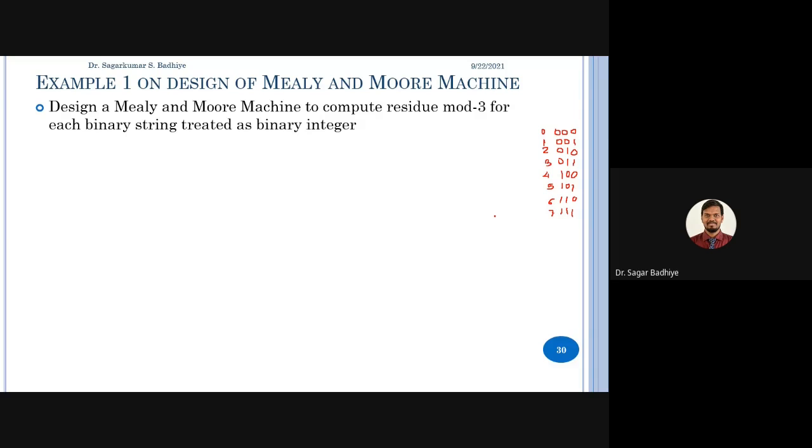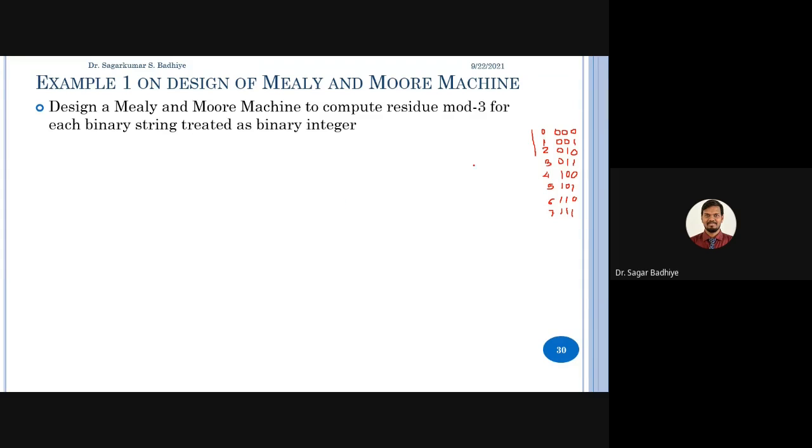Now when we divide a number by 3, you can have remainders that are either 0, 1 or 2. If the remainder is 0, the number is divisible by 3, otherwise it is not.